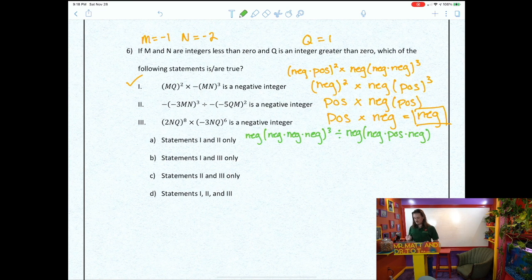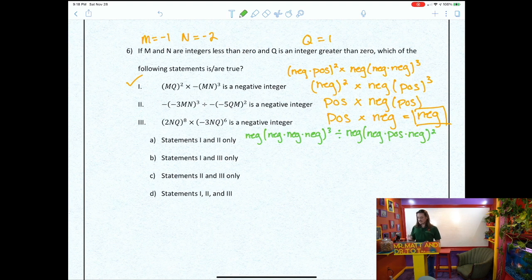We have an odd number of negatives, so I'm going to carry this outside negative down, but on the inside we have an odd number of negatives, so that's going to remain negative. So that's going to be a negative cubed. I'm going to carry this negative on the outside down. On the inside of that second parentheses on the right, we have a negative times a positive times a negative. Here we have an even number of negative values, so that's going to eliminate and become positive. So we have a positive squared.